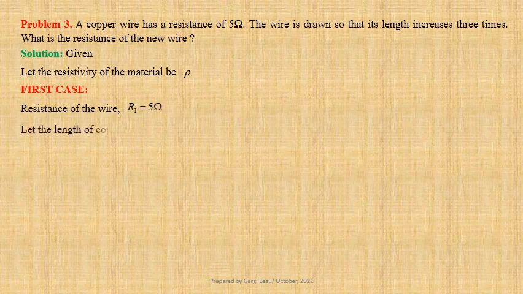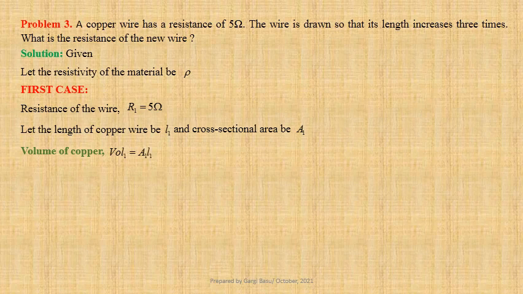Let the length of copper wire be L1 and cross-sectional area be A1. Volume of copper vol1 equals A1 into L1. Expression for resistance of the wire R1 equals rho into L1 by A1.